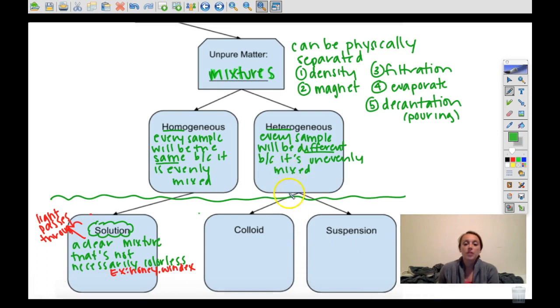There are two types of heterogeneous mixtures, colloids and suspensions. Suspensions are really easy to view. They are already layered out. So this is a mixture that has layers.